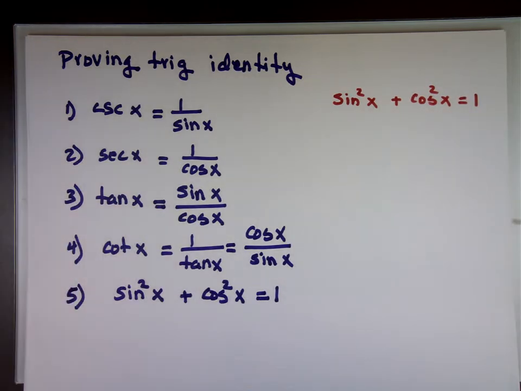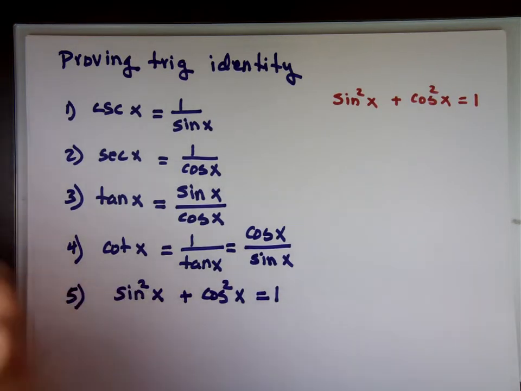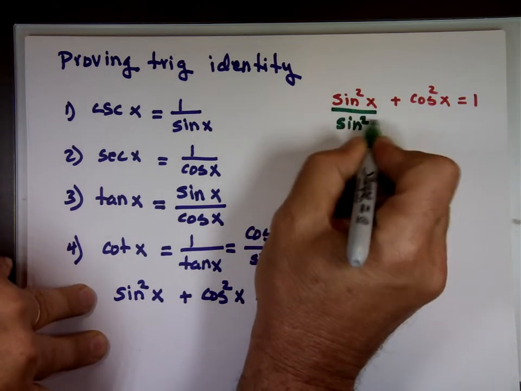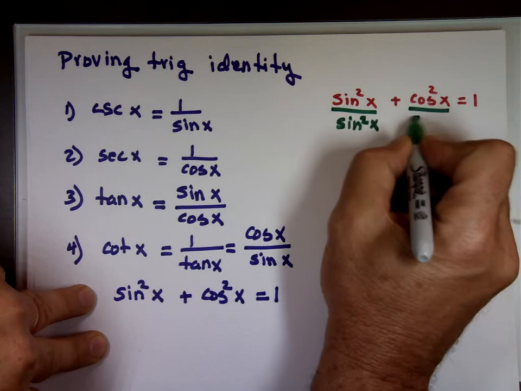Let's divide every term. That's an equation. Whatever you do to one piece, you got to do it to every one of them. So let me divide every one of them by sine squared. You say, why not cosine? I said, well, the next one will be cosine.